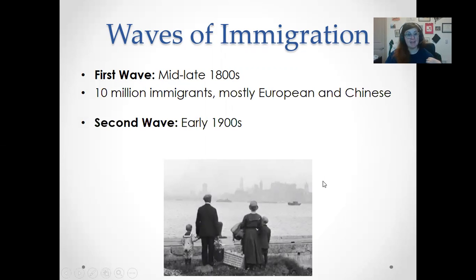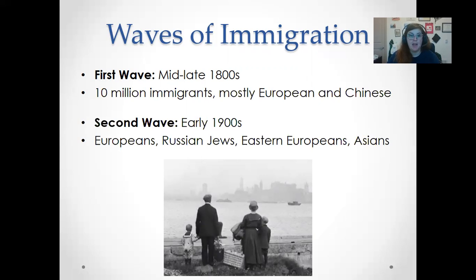And then we have the second wave of immigration, which is in the early 1900s, really before World War I. So about 1890 to about 1914. That's the second wave of immigration. And that consists of a continuing migration of Europeans, but we also see a big migration of Russian Jewish people because of rising anti-Jewish sentiment in Russia.